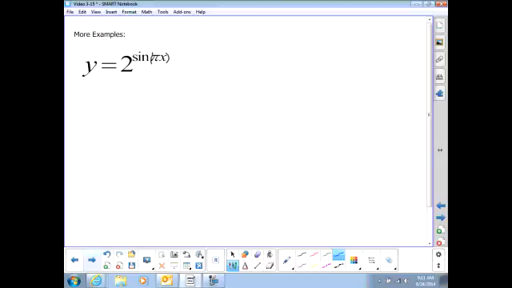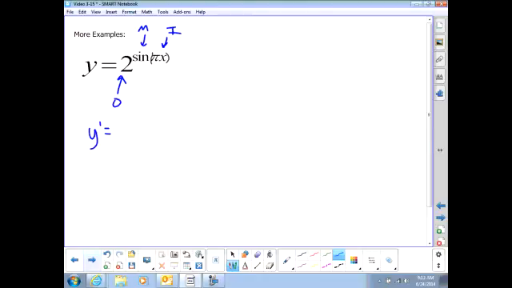Okay, another example. Our outer is the 2 raised to something. You can think of your middle function as the sine and your innermost as the pi x. So start with your derivative rule for the outermost part.